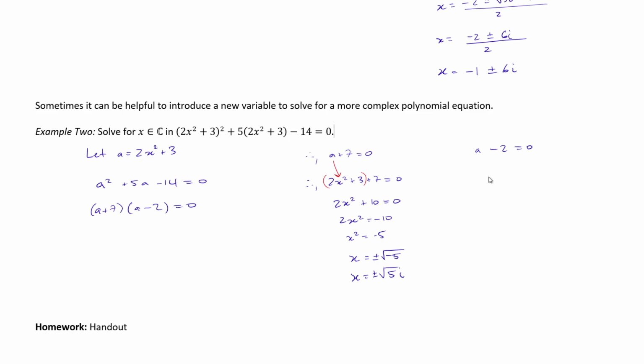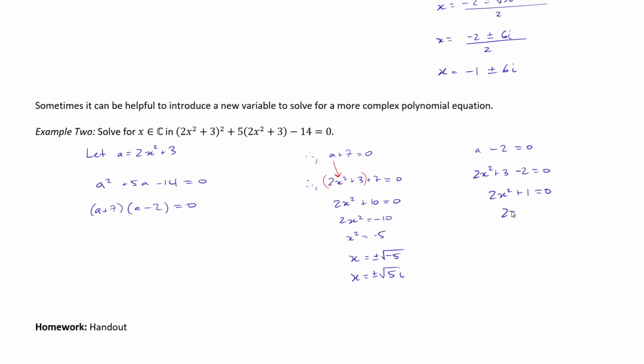a minus 2 is equal to 0. So again, 2x squared plus 3 minus 2 is equal to 0. 2x squared plus 1 is equal to 0.